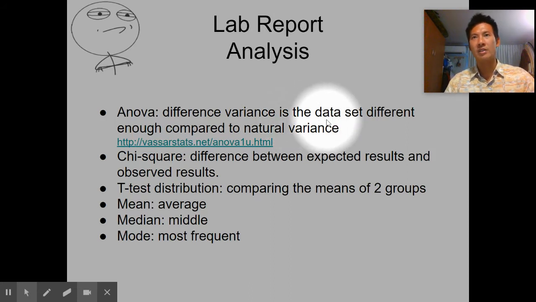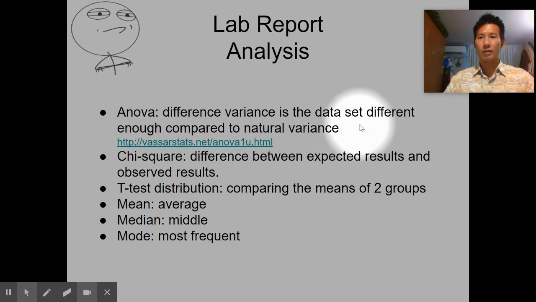If the natural variances are larger or more significant, then of course the data sets are not different. So that's what the ANOVA tests for: whether the different sets of data are different enough compared to the natural variation within the set. I hope that didn't confuse you. I do like to use ANOVA a lot, especially in my honors class.